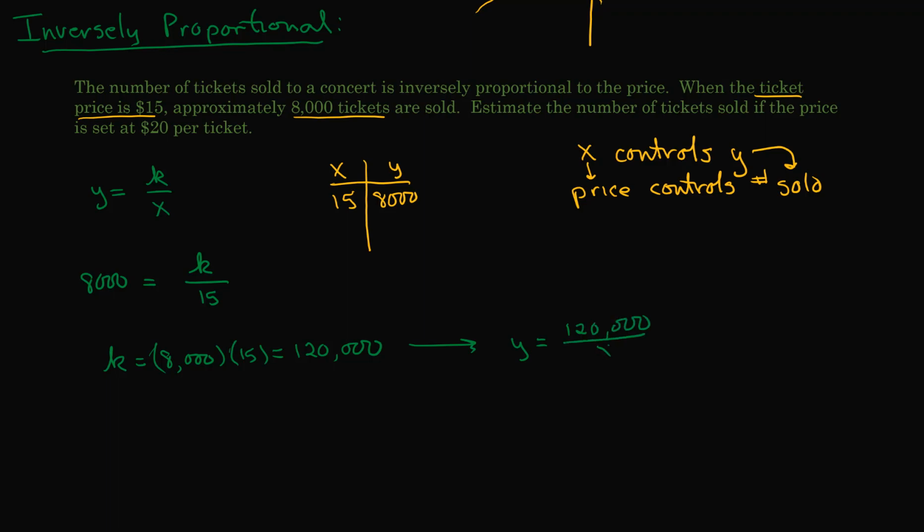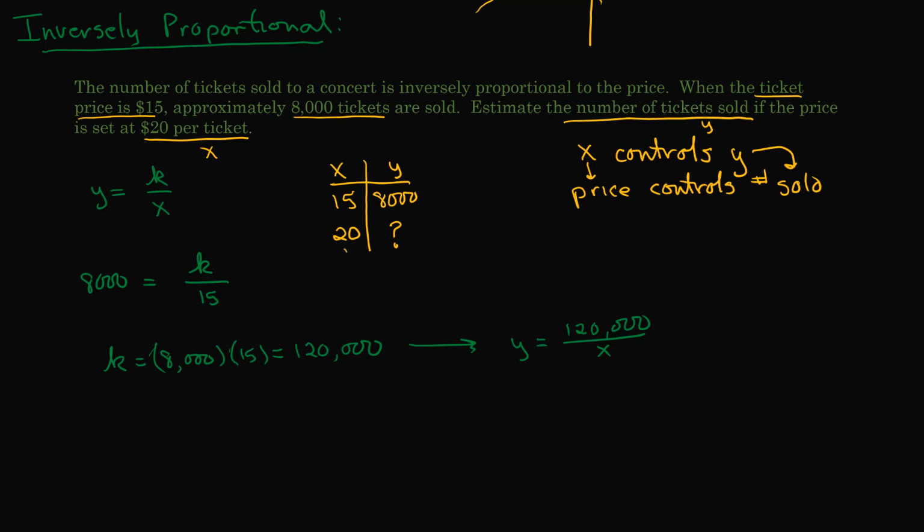In this particular problem, you're asked to estimate the number of tickets sold, that's the Y value, when the ticket price is $20, that's the X value. So in my table, I'm going to put my X value as 20, and what we need to do now is compute the Y value.